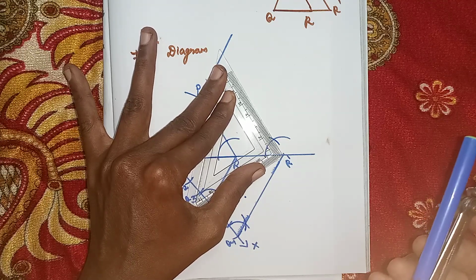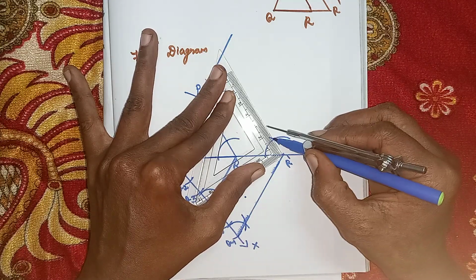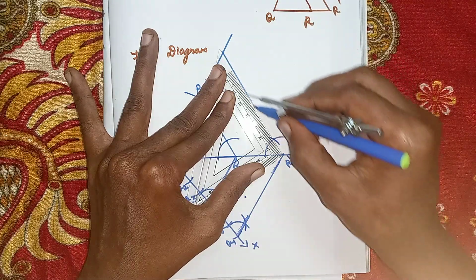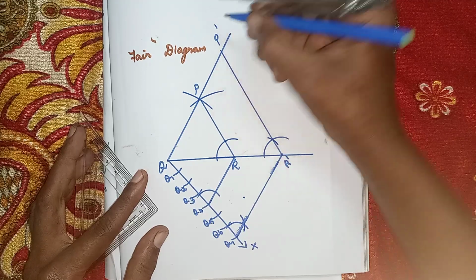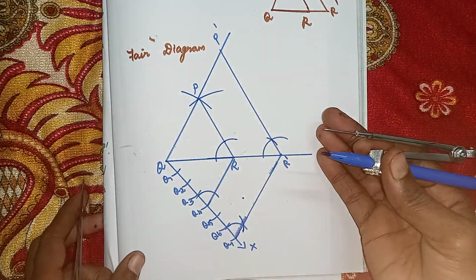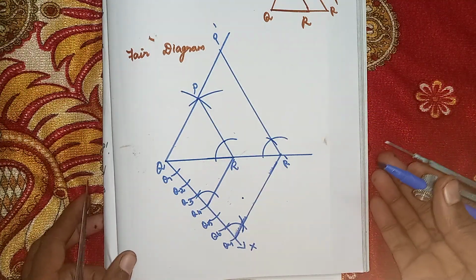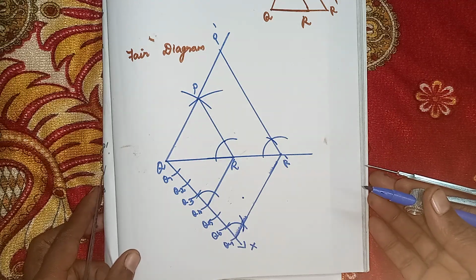Now the set square is meeting the R dash point and this point also. Through this draw a line. This is P dash. Now the line P dash R dash is parallel to PR. If it is parallel only, your diagram is correct. Otherwise, it is not correct.